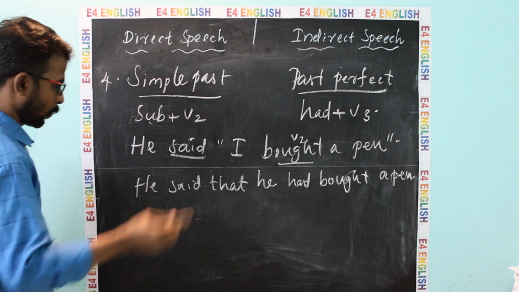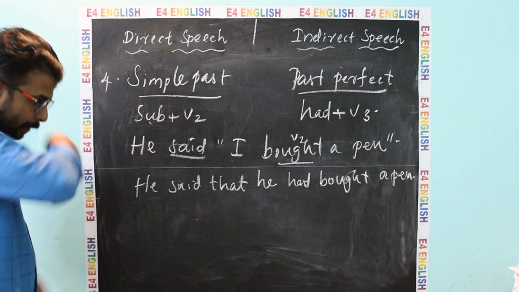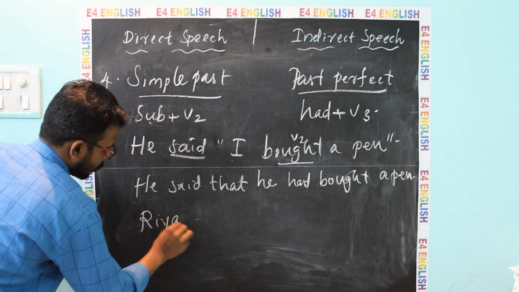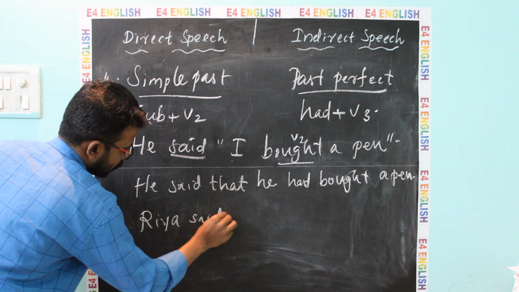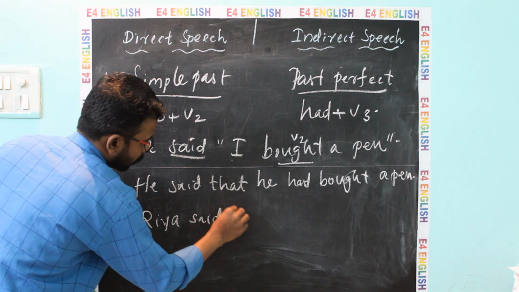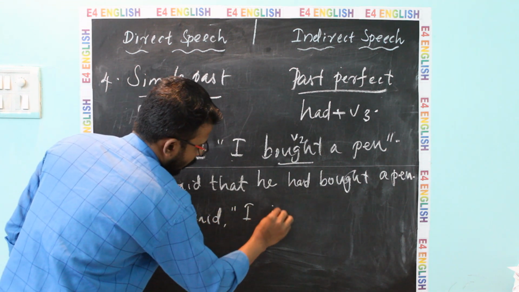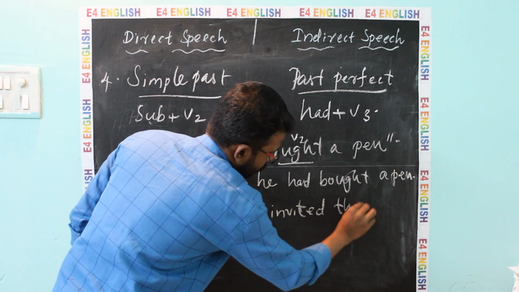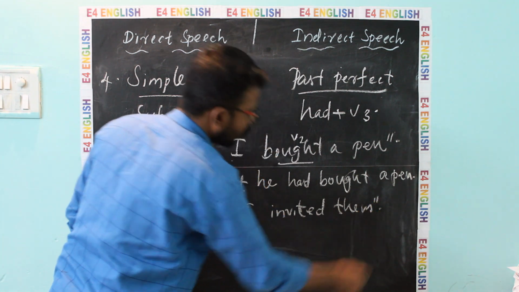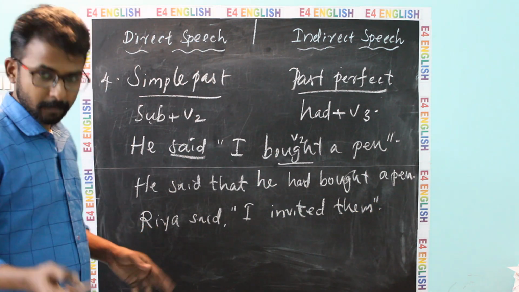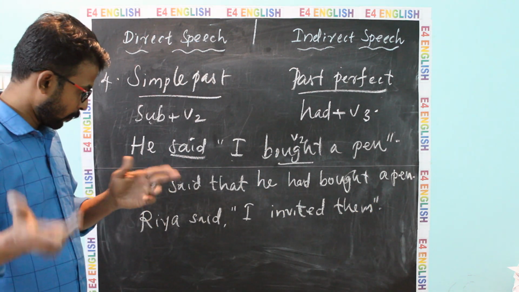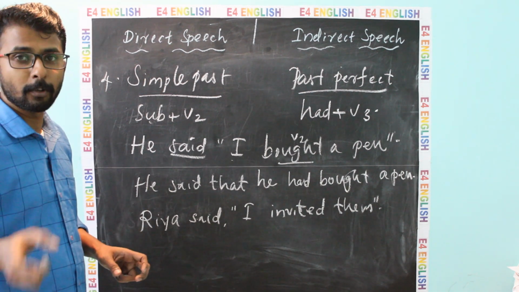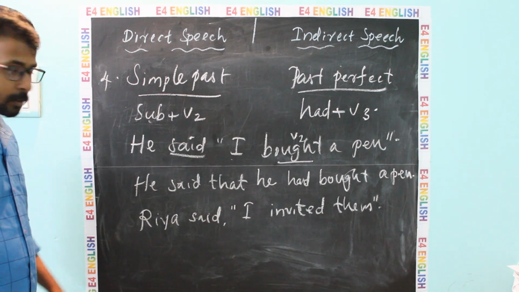And one example for your practice: Ria said, I invited them. Okay, so this one you may try, and if you have any doubt, you may just ask me in the comment section, and you may also drop the answer in the comment section. So do it.